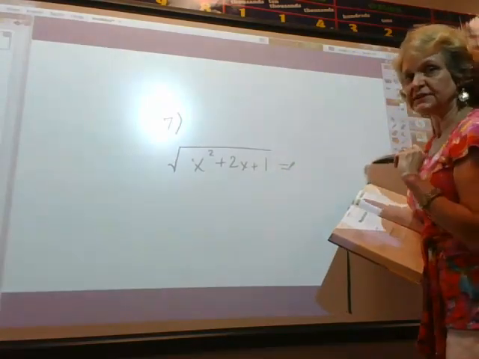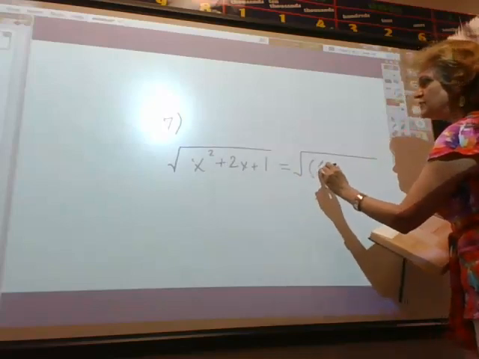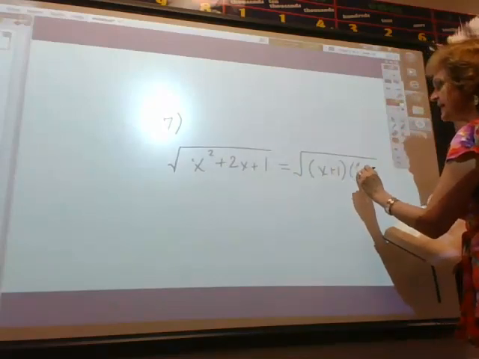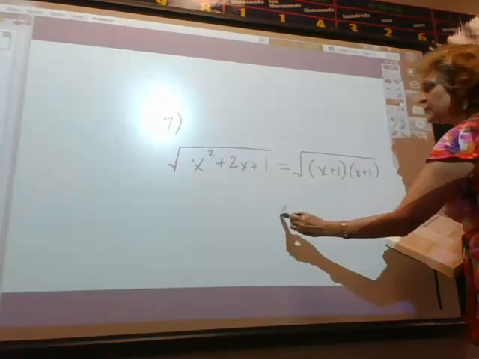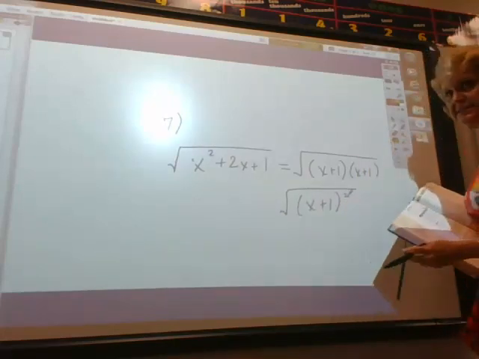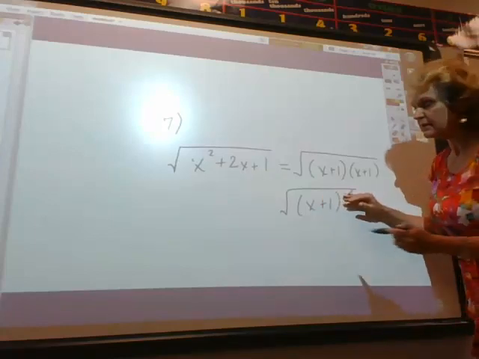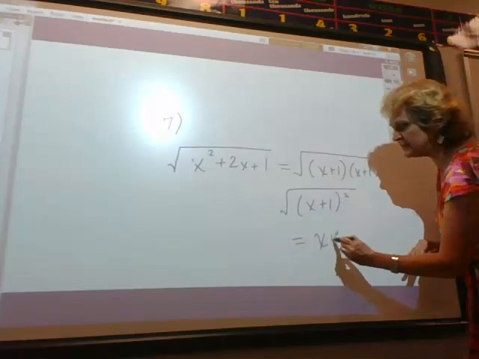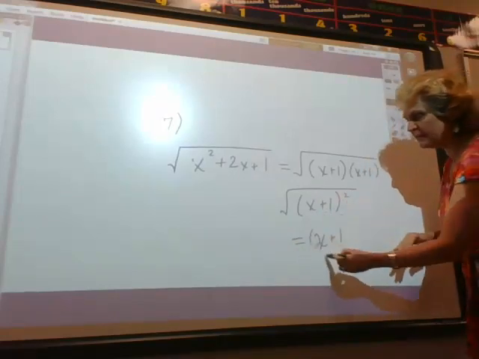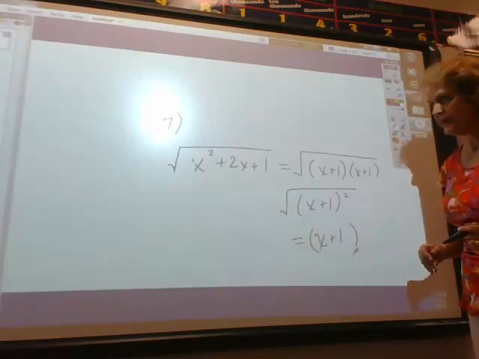See, I told you you would factor for the rest of your lives. This trinomial square factors into x plus 1, x plus 1. And remember, another way to write that is like this. So if something is squared under the radical, what comes out? The x plus 1, right? That binomial itself. You can have parentheses or you don't need them. It's up to you. Okay?